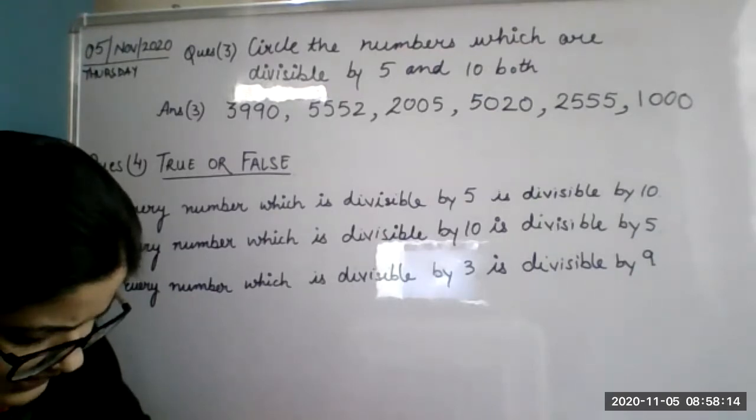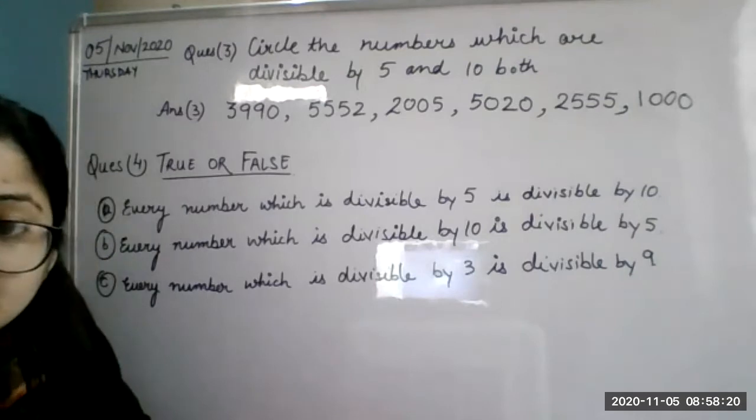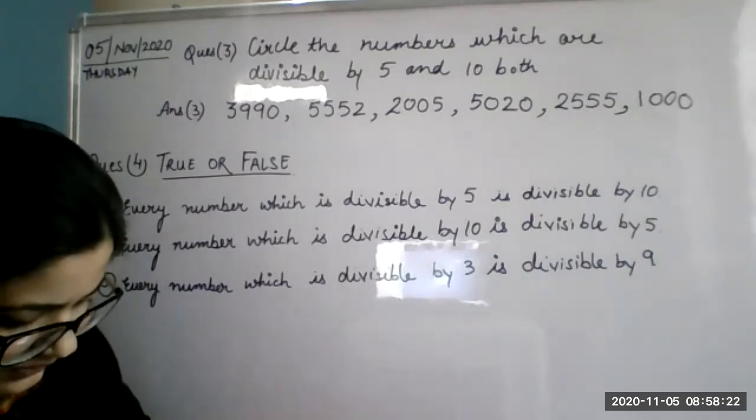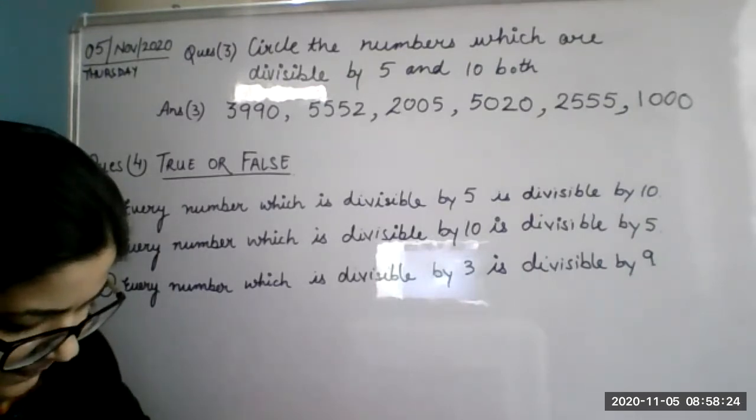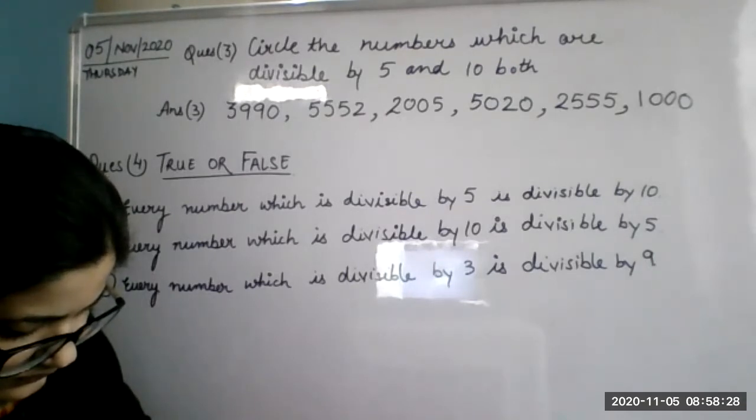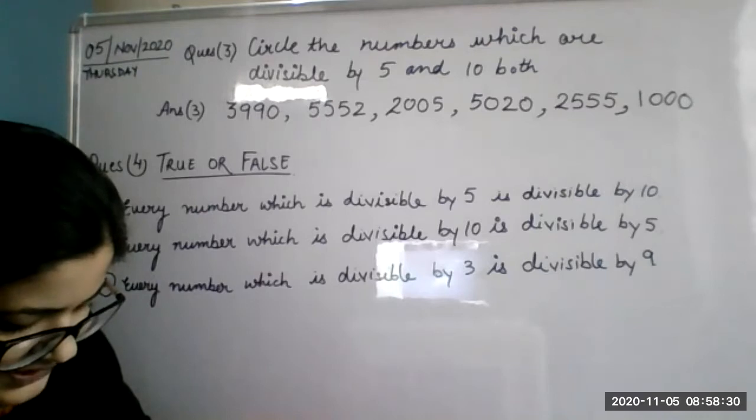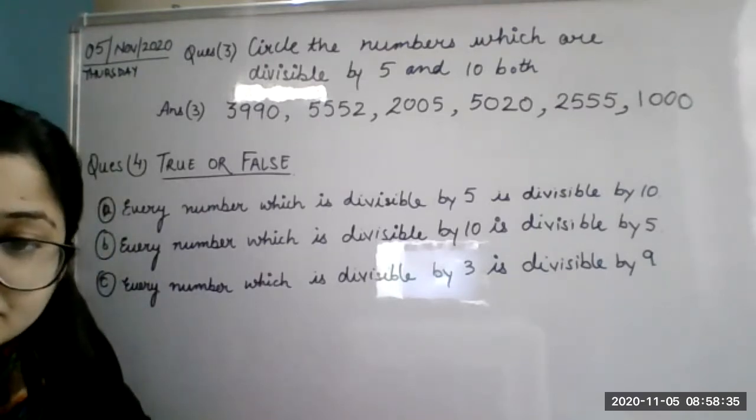Second one is correct, Adeshika. Yes, it is correct. Noel is here. Noel, I'm going to tell you about your paper. Okay, Noel, it is correct. Good, Noel.